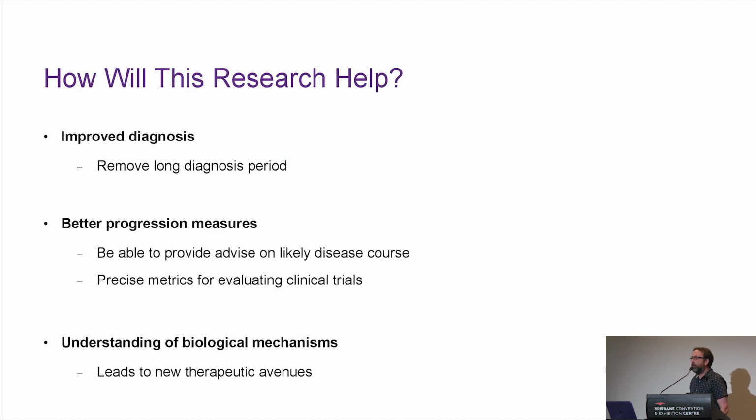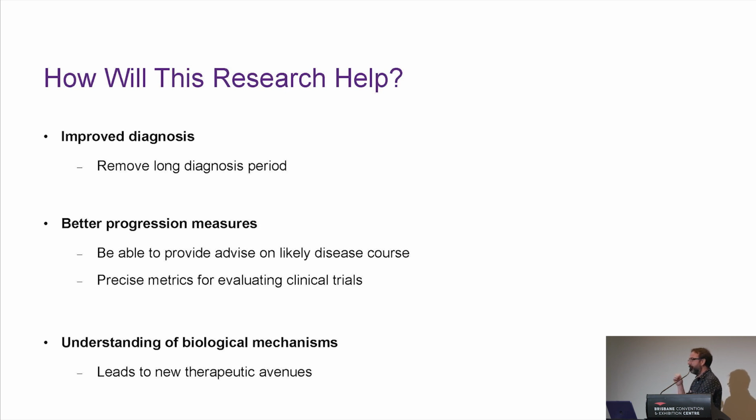So what we're hoping to get out of this research is to be able to improve diagnosis. If we can measure protein in the blood that's very early on in disease, that would remove a lot of the long diagnosis period and would be a great improvement. Be able to predict progression, as you've seen multiple times now.